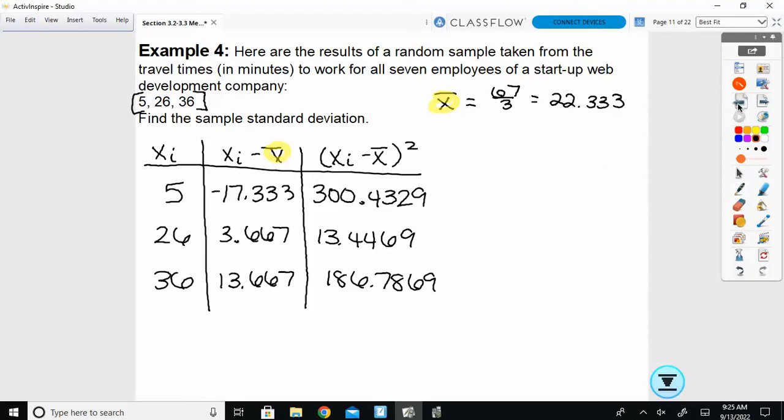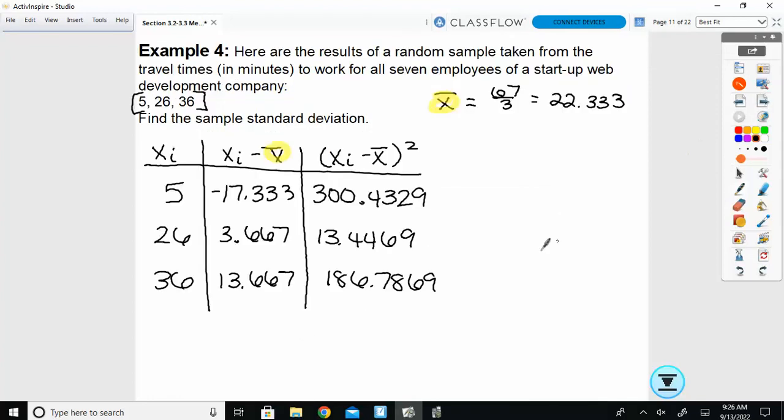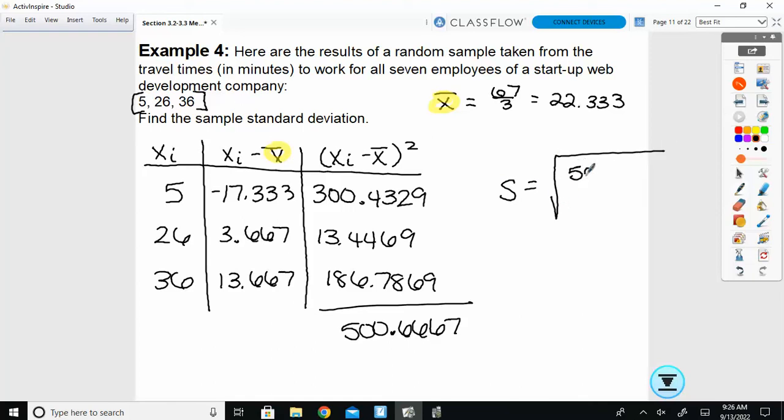Once you get that, what do you do? If you look at your formula, this symbol means sum, so you add up this last column. Then to get my sample standard deviation, we take that number.